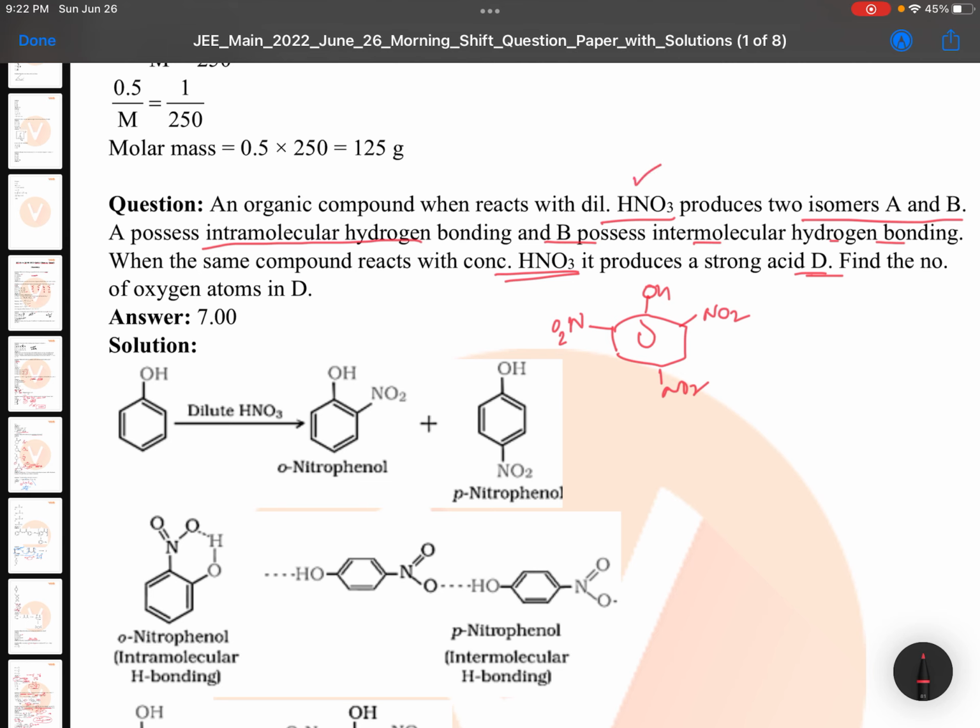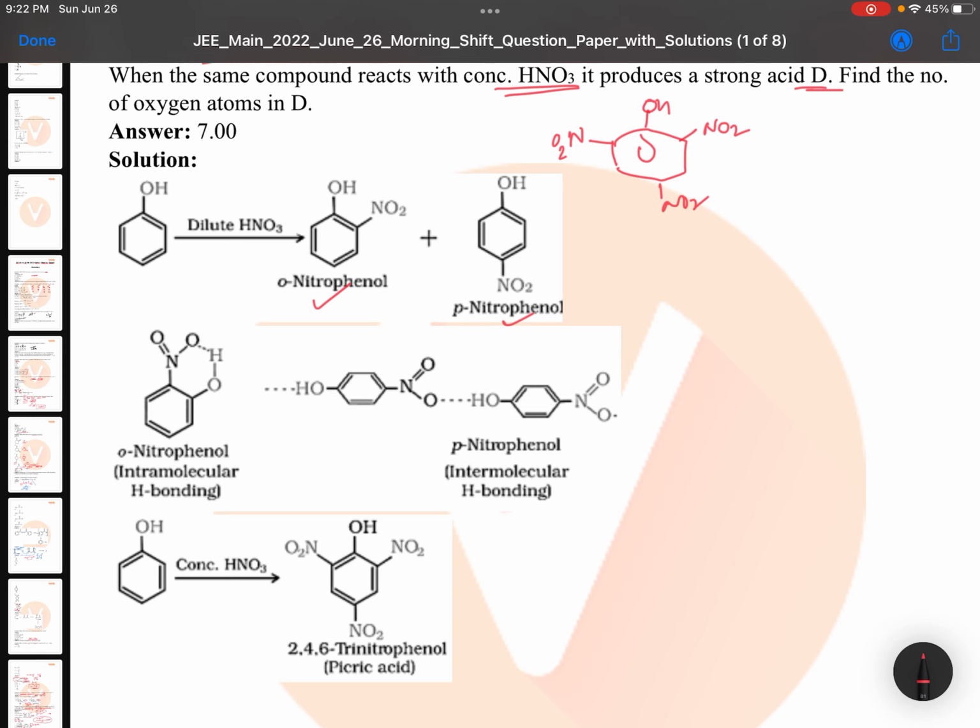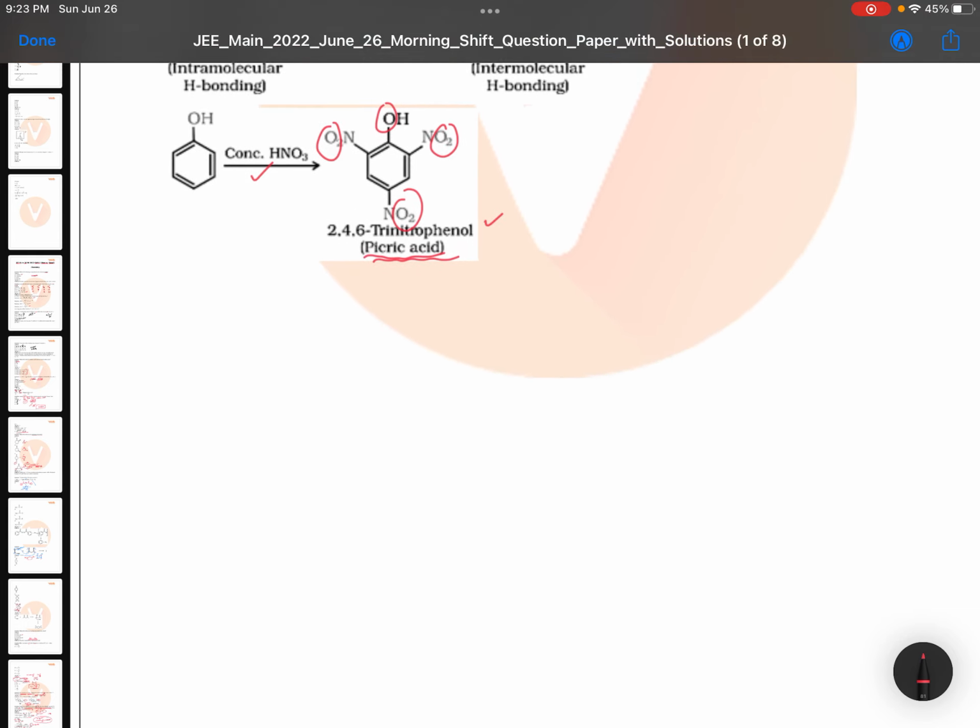Dilute HNO3 gives two isomers, ortho-nitrophenol and para-nitrophenol. These two compounds are not considered as acids, but when taken with concentrated HNO3, you get 2,4,6-trinitrophenol, picric acid. Even though there is no COOH group, as it is strong, it is called an acid. So two oxygens here, two here, two here, and one oxygen here. So the total number of oxygens will be 7. A little tricky, because you need to know the concepts.